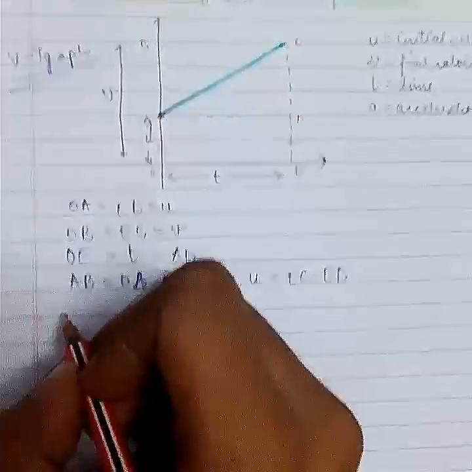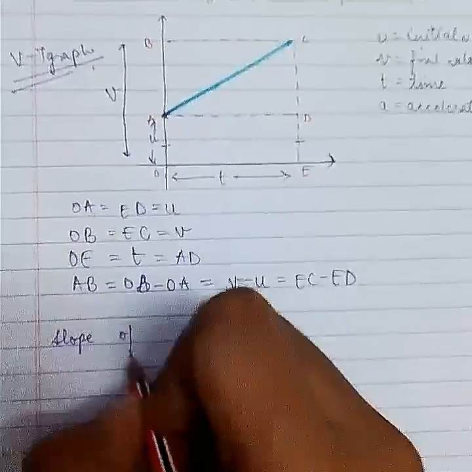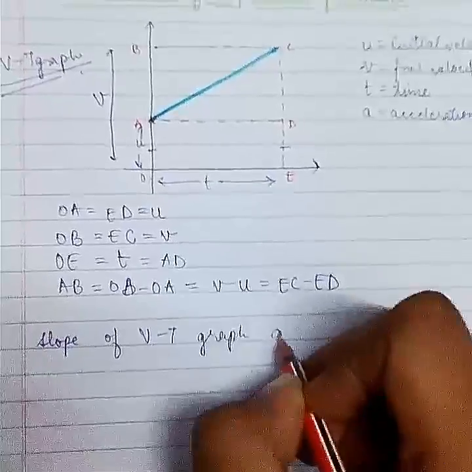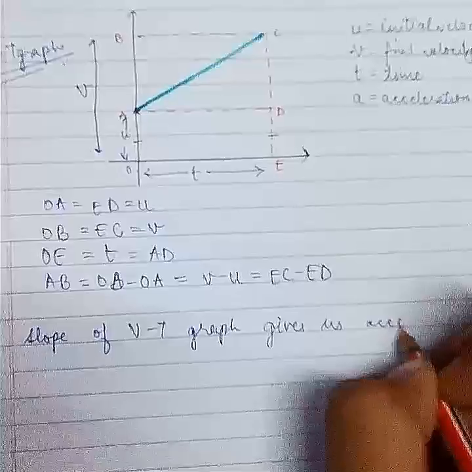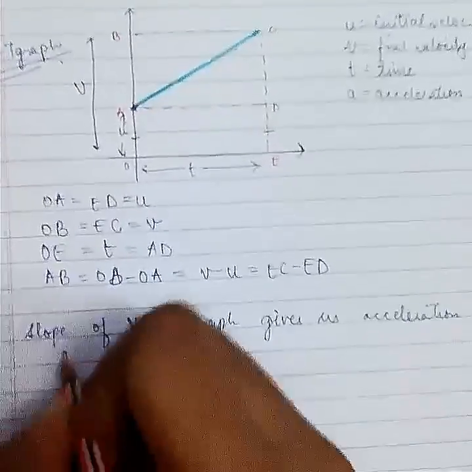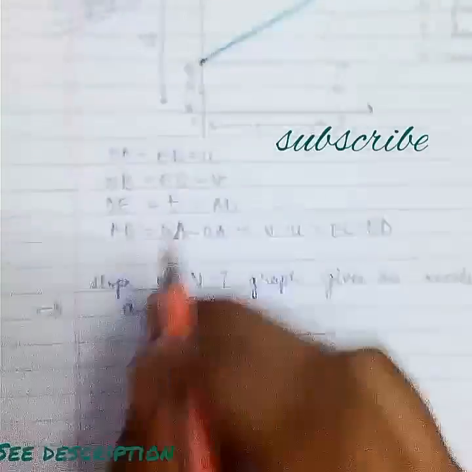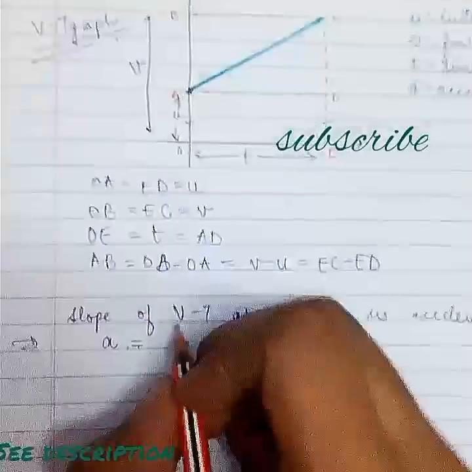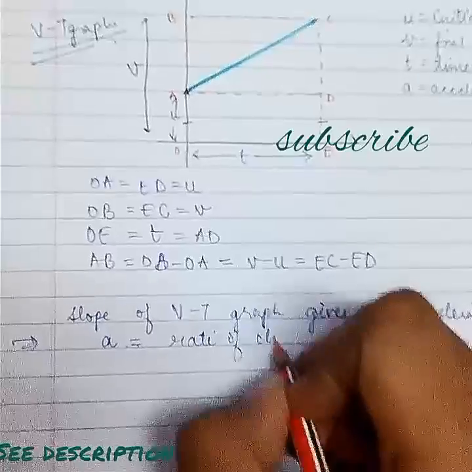Now as we know, the slope of the v-t graph gives us the acceleration, and acceleration is also known as the rate of change of velocity.